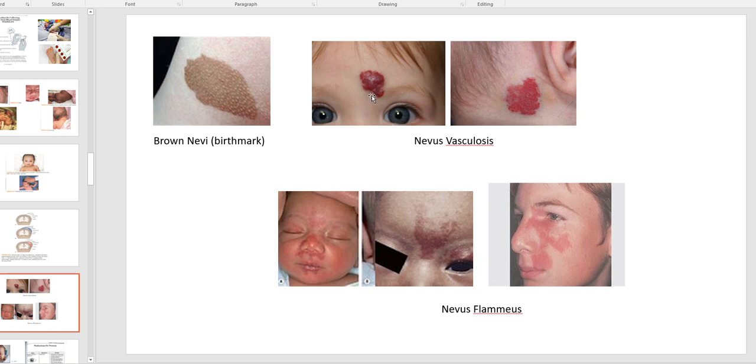Right here, this is the strawberry mark. Okay, this is the brown nevi. And the nevus flammeus is the port wine stain. Usually it fades a little bit, but not always.